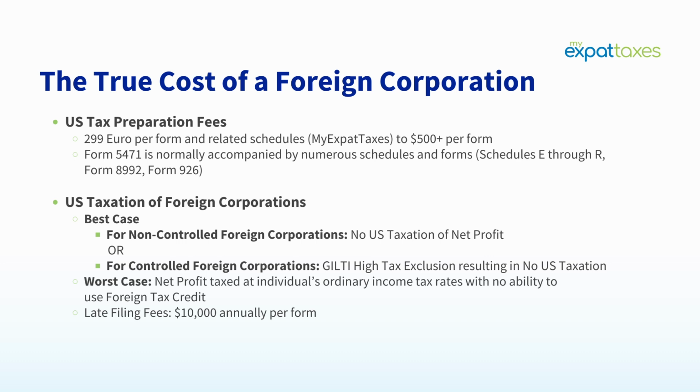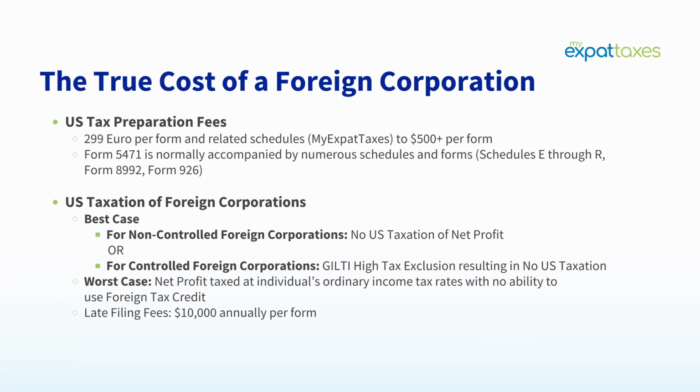So when you are looking for tax preparation fees, I really encourage you to understand the full scope of that price, because it is common that US tax firms will charge you for Form 5471 and give you an initial price. And then they'll charge you for the additional forms, the additional schedules, the additional form for GILTI taxation, 8992, etc. So it can be a lot of hidden costs.